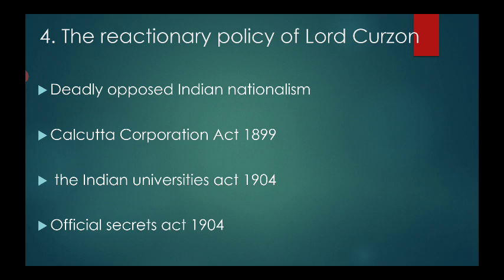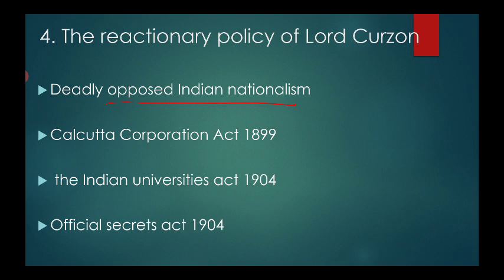So he passed the Calcutta Corporation Act in 1899, where the number of British officials would increase. The next one, he also passed the Indian Universities Act in 1904.